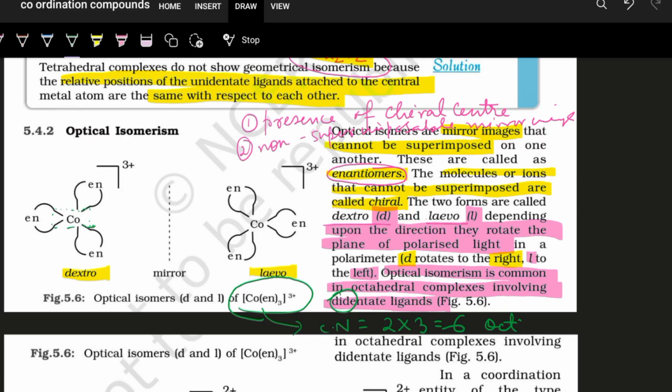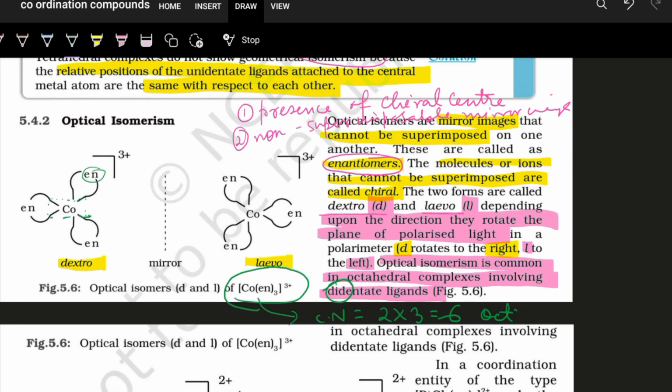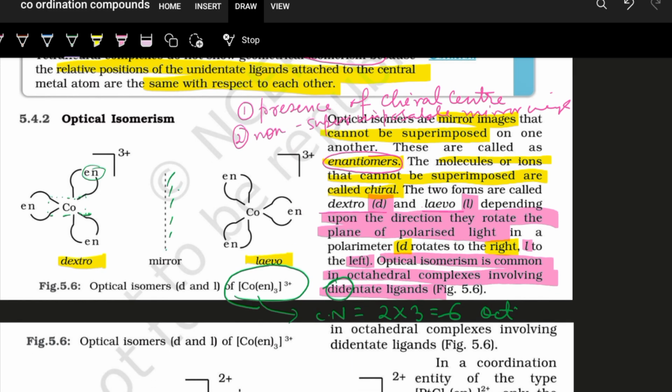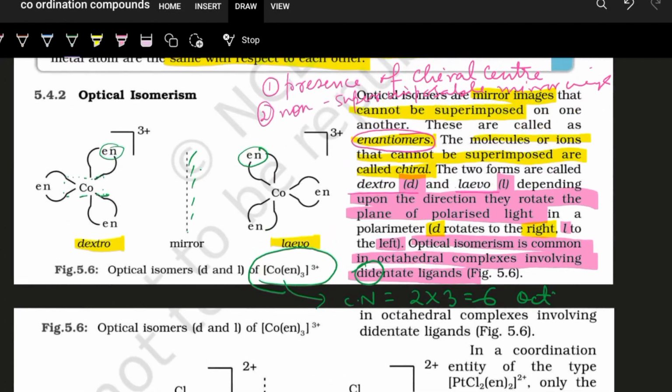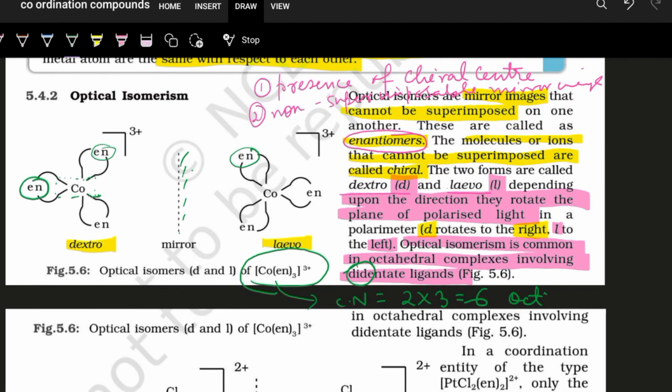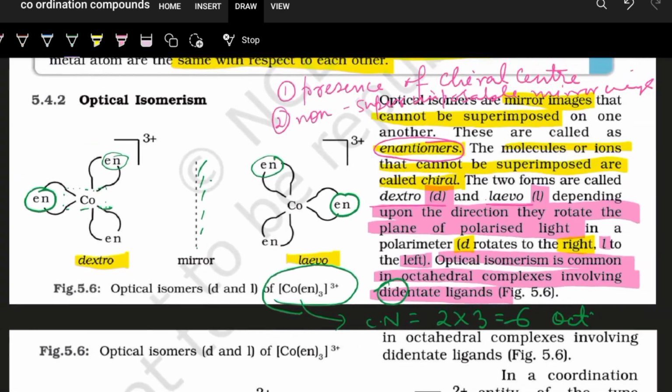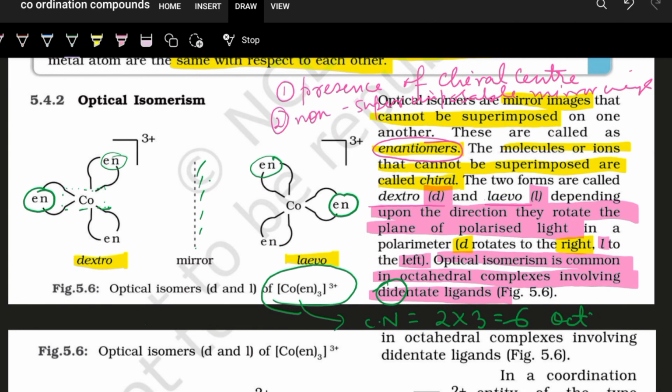When you see the mirror image, remember one thing: the group that is close to the mirror will remain close in the mirror image, and the group that is away from the mirror will also go away. The groups that are closer remain close, the group that is away goes away only. And these two mirror images are non-superimposable, just like your left hand and right hand.